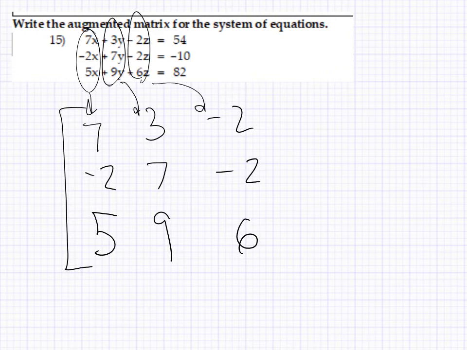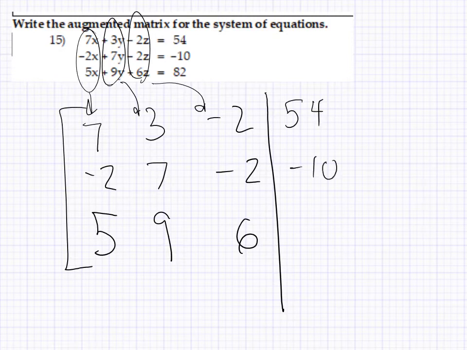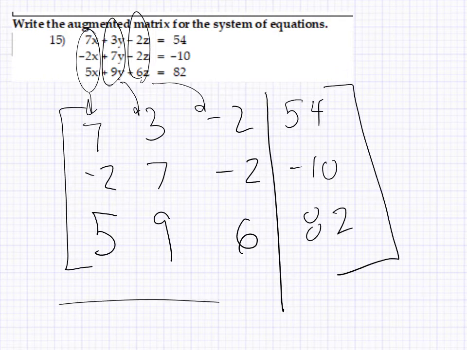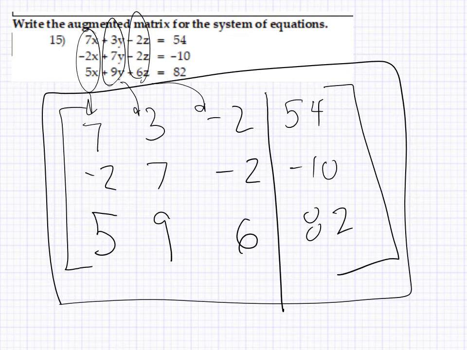Then we put a straight line where the equal sign would be, and then we put the numbers on the other side of the equal sign here. And that would be your augmented matrix. Very easy to do. And by just focusing on the number values, we can then use that to help us solve the system using matrices.